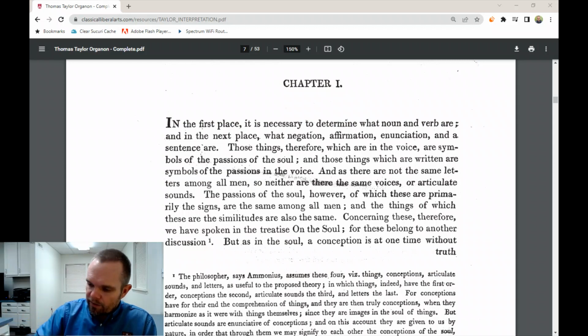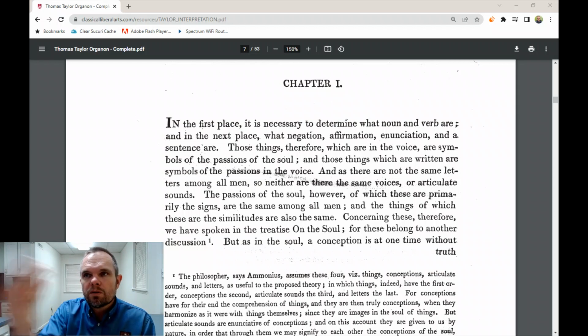So if an English man, a Greek, and a Chinese man were standing together, and a bird flew past, and someone asked, "What was that?" those three men would use different words to name the same object. So the vocal sounds that men use are not the same. And if they were to write what just flew past, their writing would also not agree.